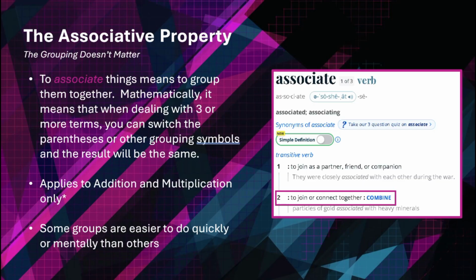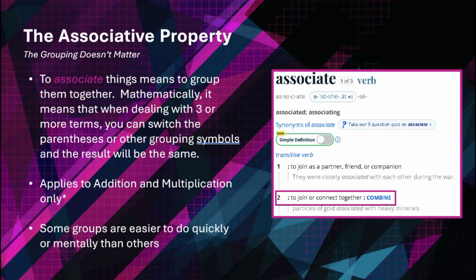But 7 times 10, even though it's a 7, you know your 10s. 10s are easy. Just add a 0, right? So you could move those parentheses from being around the 6 and the 7 to being around the 7 and the 10, because now you can easily do 7 times 10 to be 70, and now you're just dealing with 6 times 70. And that might be an easier way to approach that problem.